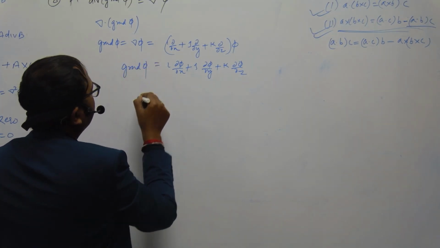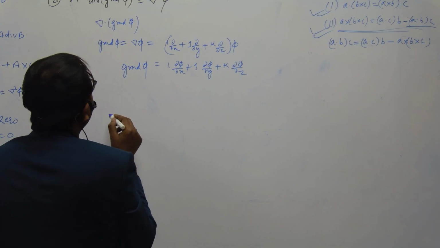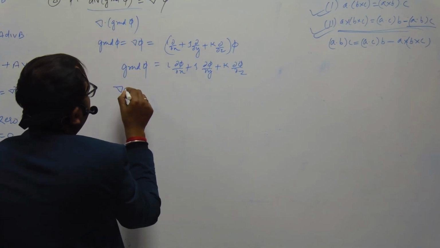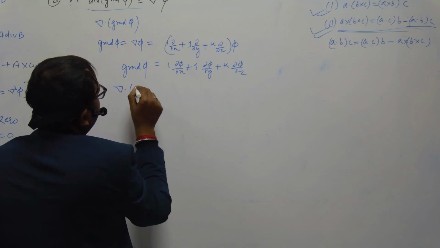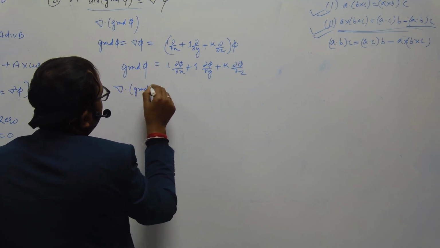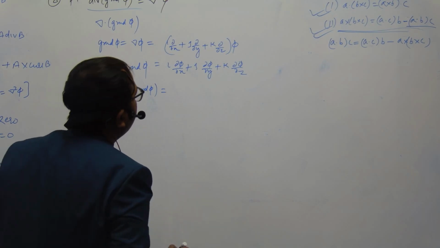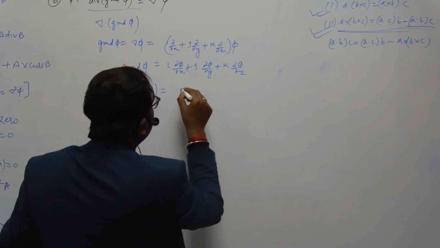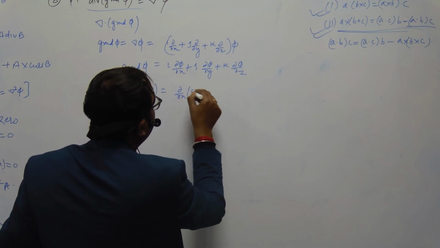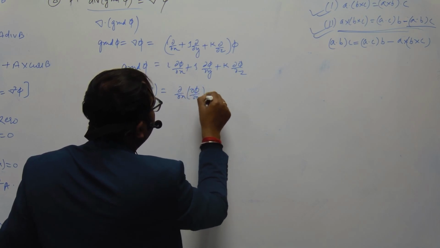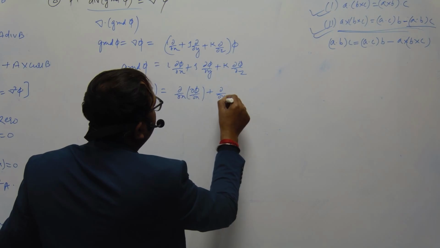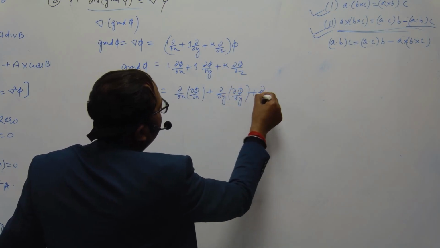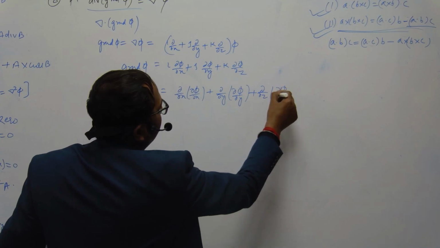We have to find the divergence of gradient of phi. So let us take the dot product. Del dot gradient of phi is equal to del upon del x of del phi upon del x plus del upon del y of del phi upon del y plus del upon del z of del phi upon del z.